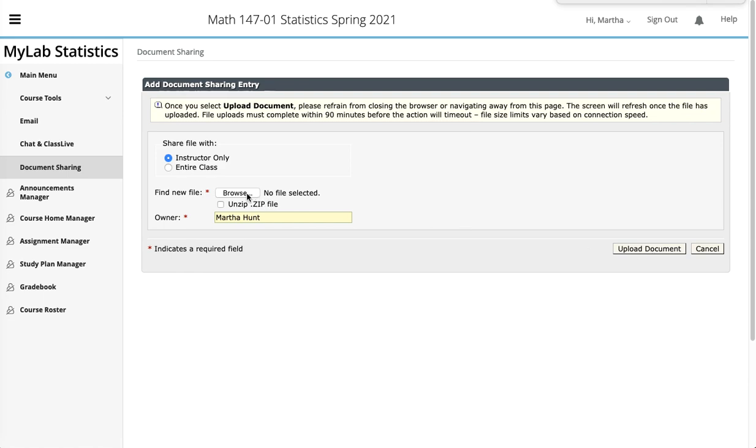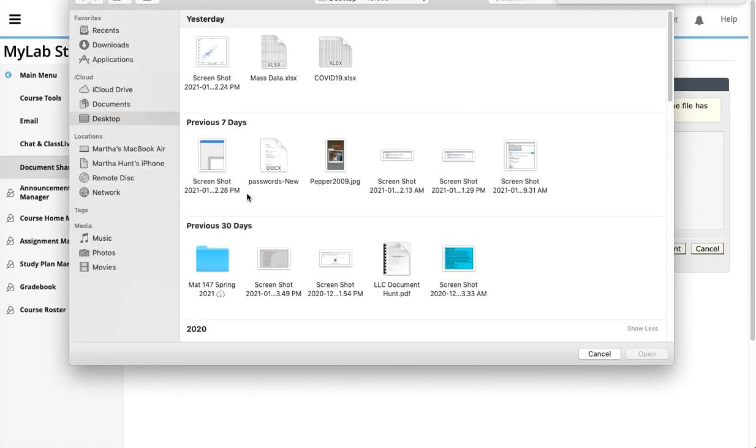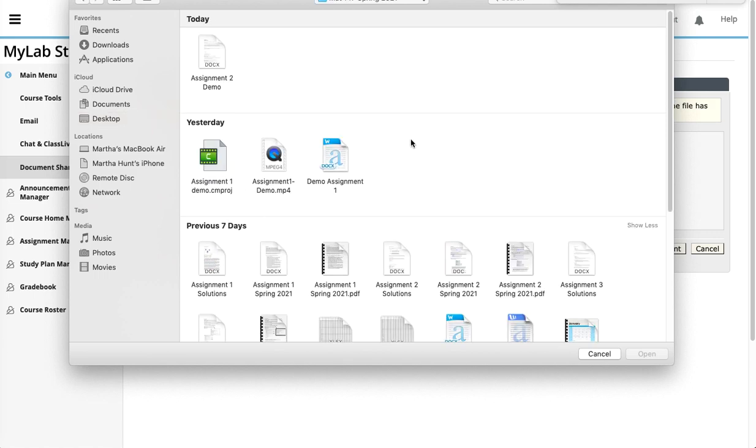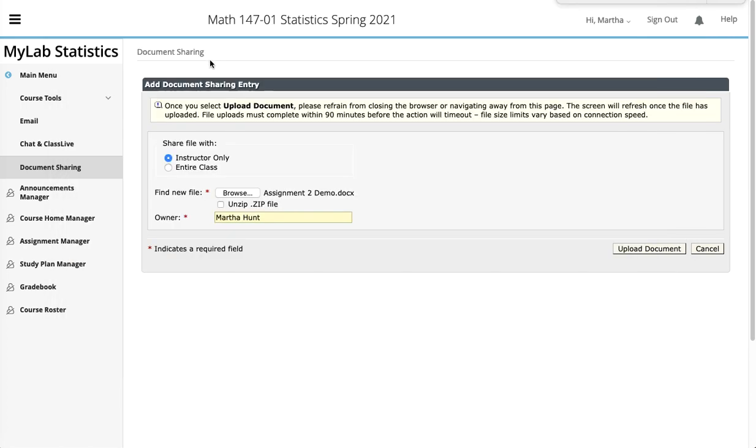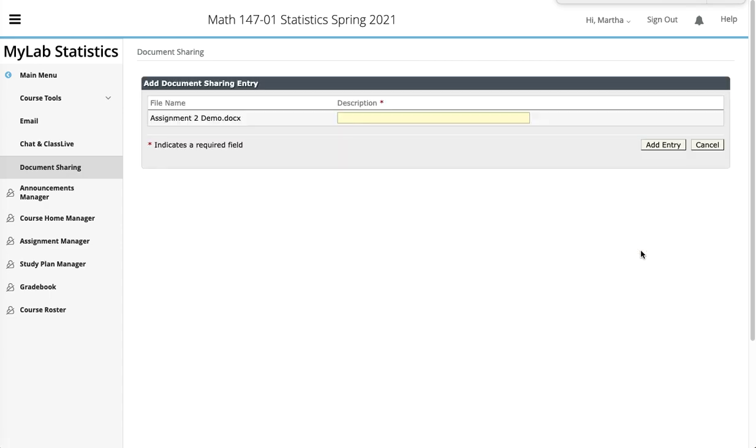Oh, I have to browse for it. And where is my document? It's in here, there it is, the demo. Okay, there's my document, and then I will upload it, and the description can just be Assignment 2.